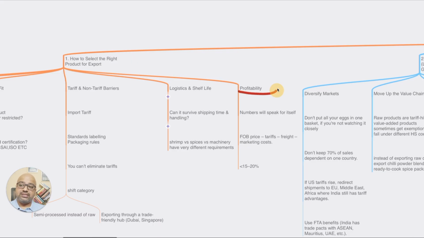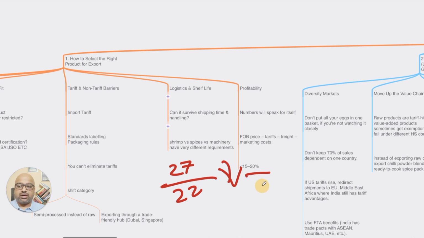Next, everyone is here for the business. No one is here for charity, for sure. So when you are looking for profitability, your numbers must show the profits. Someone says, okay, we are exporting onions to Dubai. I'm purchasing at 27 and selling at 22 because the market is down in Dubai, since too many supplies are coming from India and market demand is not so much.